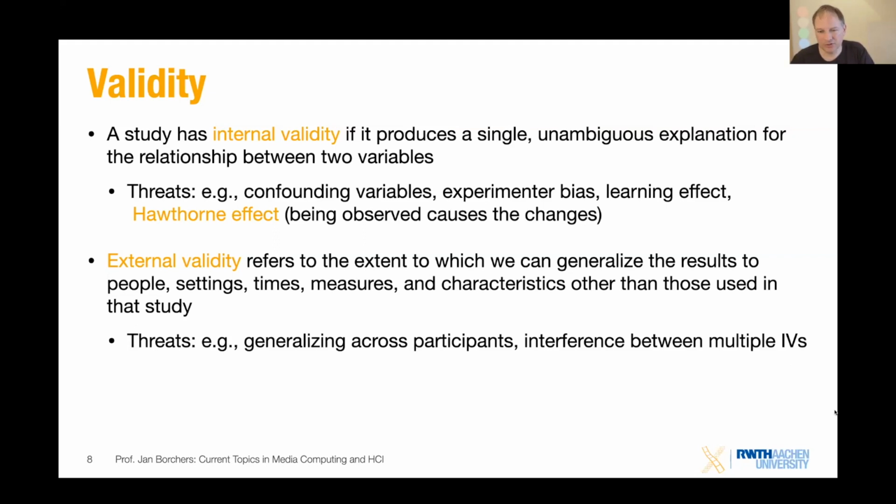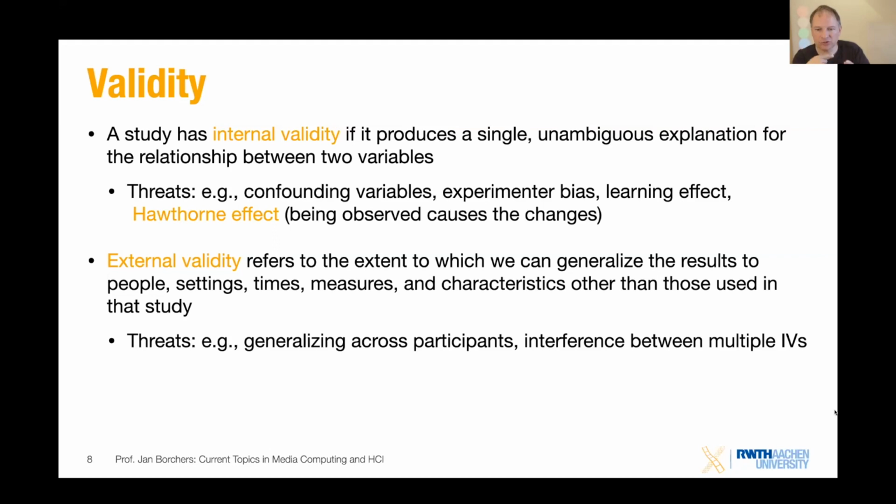Another thing that you may also find is that you may have multiple independent variables in your experiment. So not just, let's say, pie menu versus linear menu, but maybe the second factor is also the number of menu items in your menu, let's say, right? So you run the study and you claim, oh, pie menus are faster than linear menus.